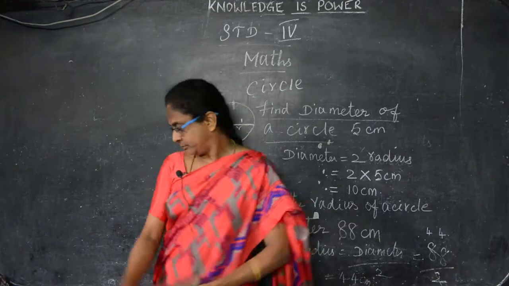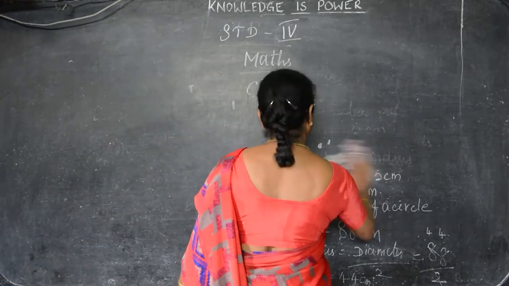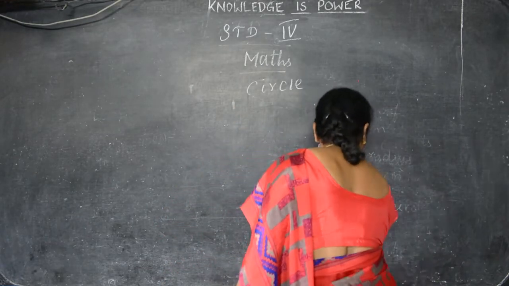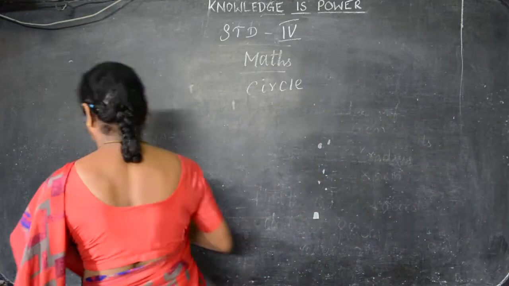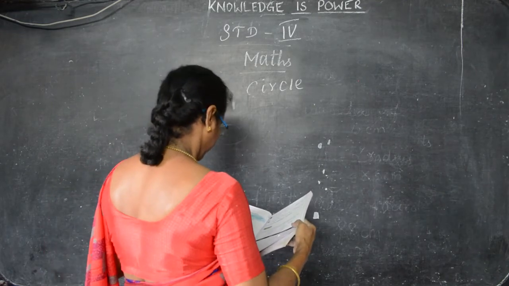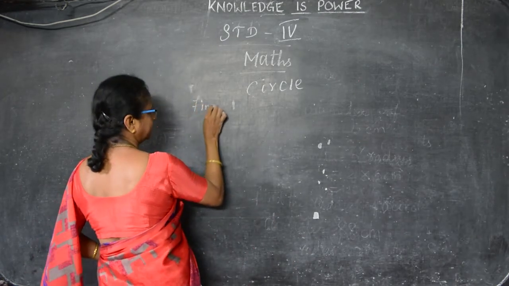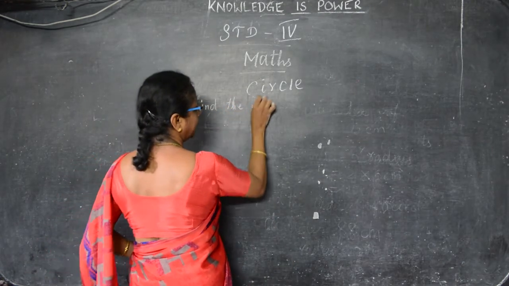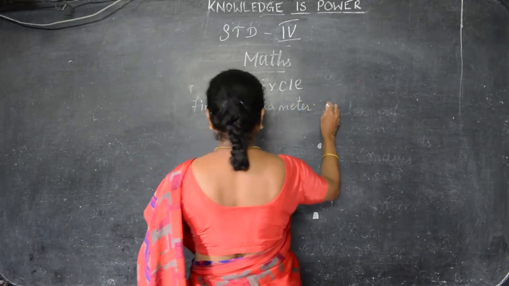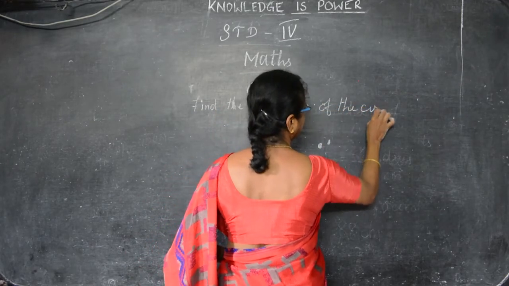Now find the diameter of the circle. Suppose they give sums like this.